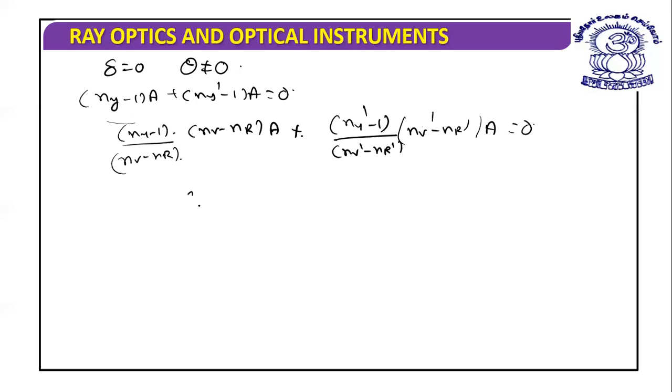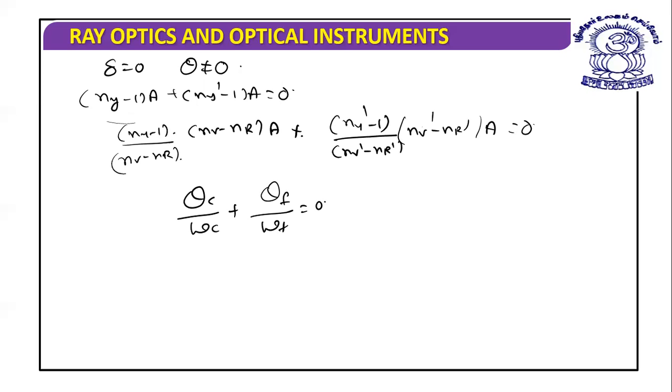So we can write theta c by omega c plus theta f by omega f is equal to 0. Theta is the angular dispersion and omega is the dispersive power.